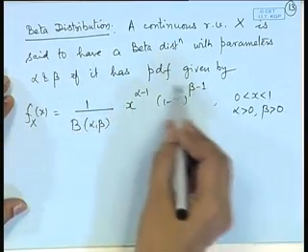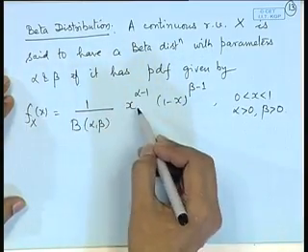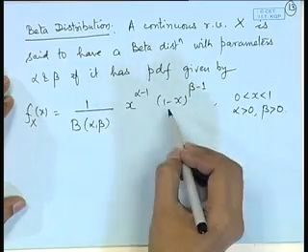Obviously, this is called beta distribution because it consists of a beta function here.